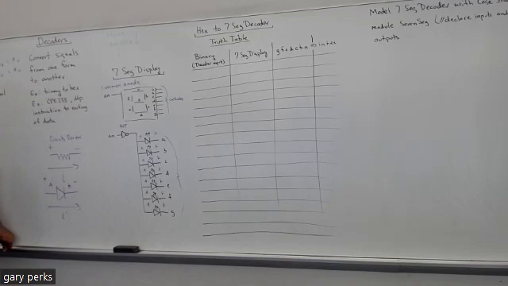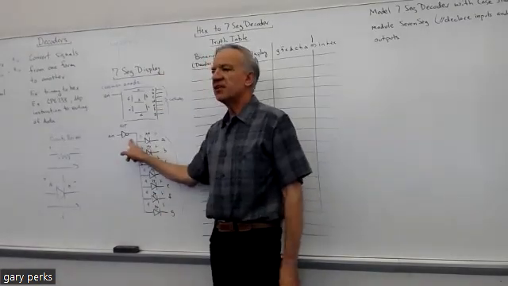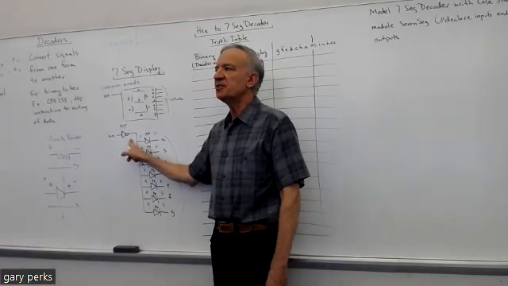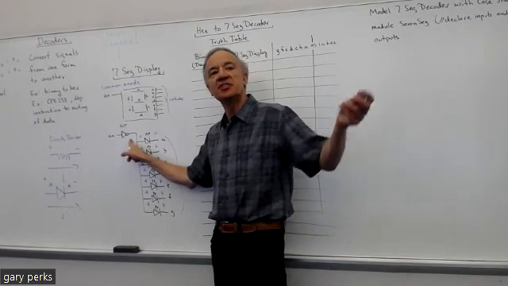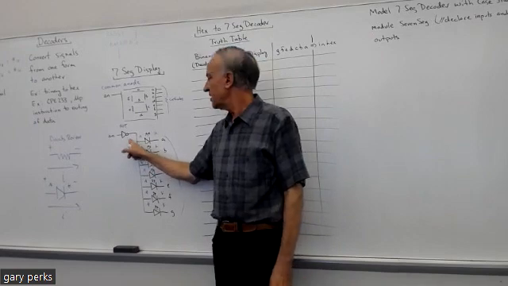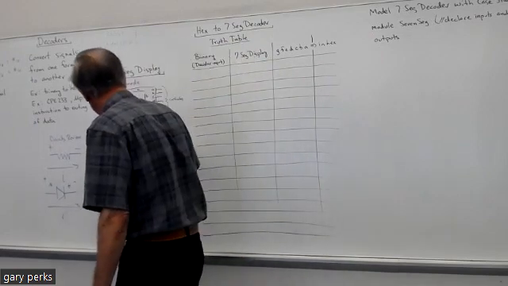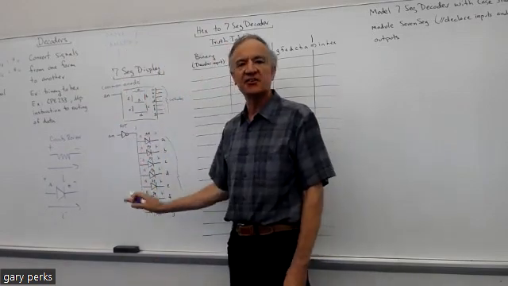Okay, so just a little review here. Based on this review, what do I want the common anode to be? Do I want it to be a 1 or a 0? Because remember, 1 means plus voltage, 0 means ground, 0 volts. Yeah, I want this to be a 1, because that's going to put positive voltage on the anode.